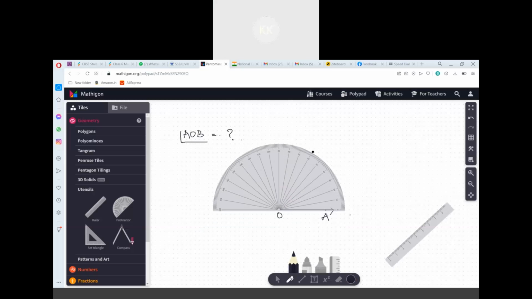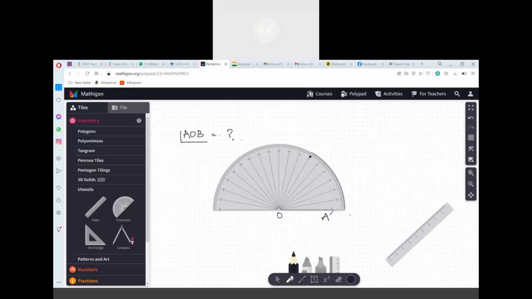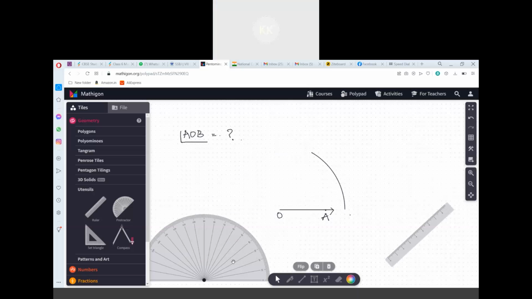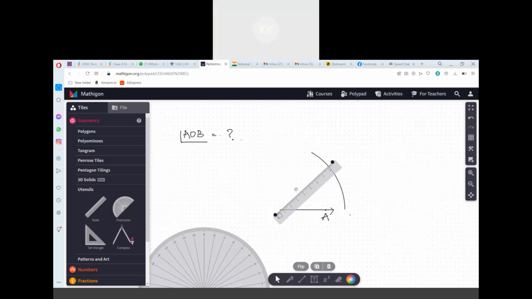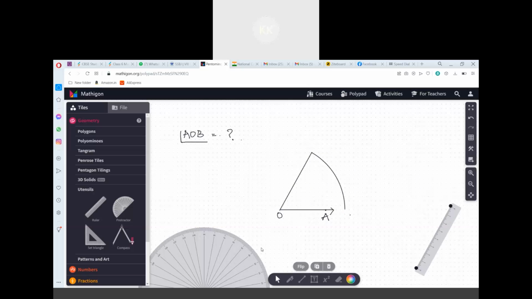Now if I join this with a smooth curve, this particular angle formed is 60 degrees. If I name this ray OB, the angle AOB so formed is 60 degrees.